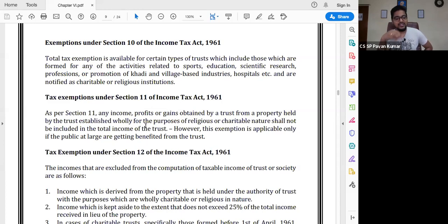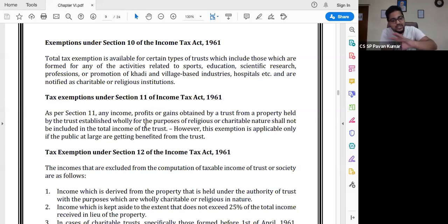Since they are doing these activities, in order to boost them to do something good for society, a lot of tax exemptions are given. Okay, so whatever income comes to them is not taxable, and whatever income they get from an outsider as donations, the person who has given the donation, even he need not pay tax on it.